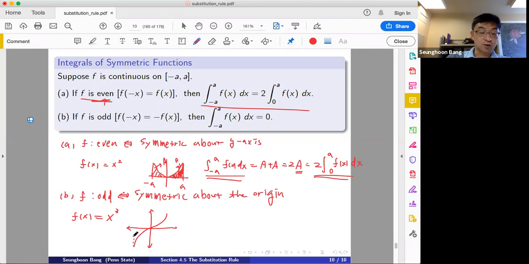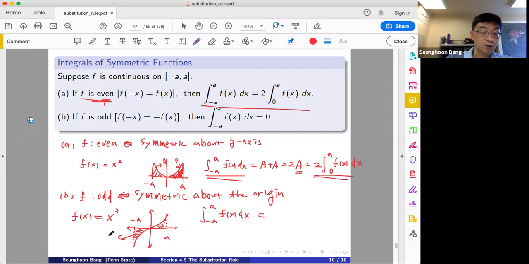So this is -a and this is a. What is the integral from -a to a of f of x dx? We need to find this area. The two areas are the same because this graph is symmetric about the origin.